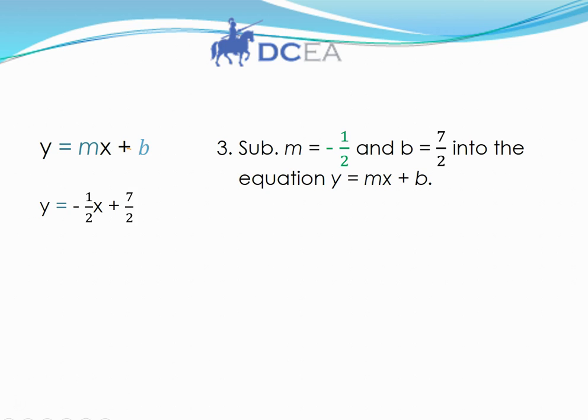Let's plug those values into our formula. We knew that m was -1/2, so we have y equals -1/2 x plus 7/2, and that is your answer.